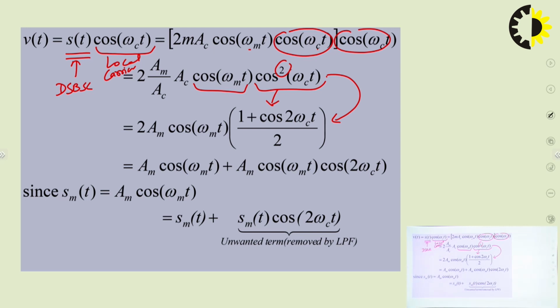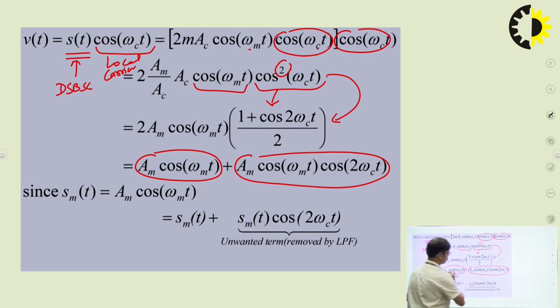Now, when we open up the bracket, we are having two signals. One is Am cos omega mt, and the second one is Am and the product of cos omega mt into cos 2 omega Ct.